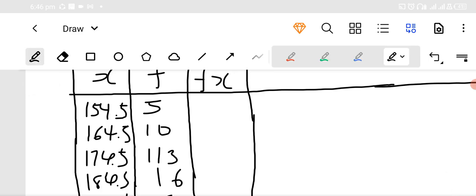So this would be 772.5. 164.5 times 10 would be 1,645. 174.5 times 113 would be 19,718.